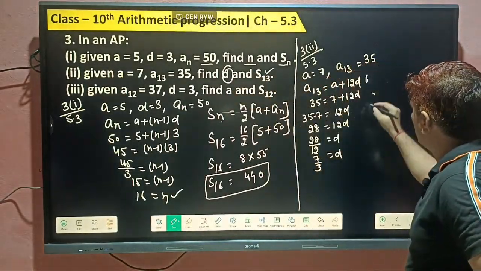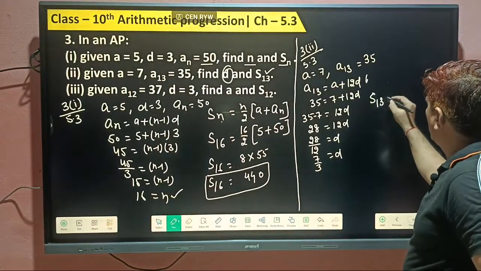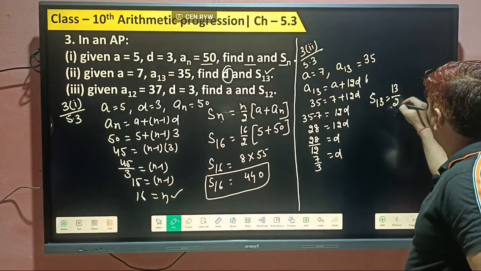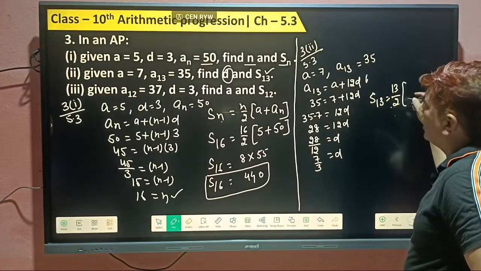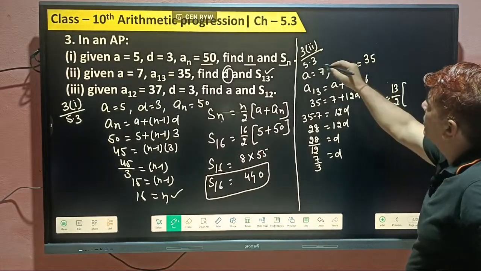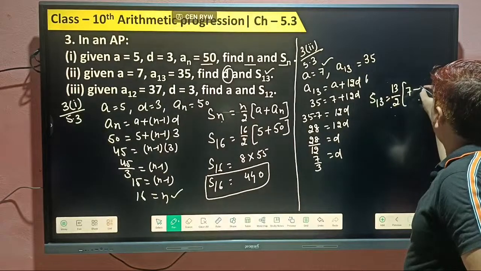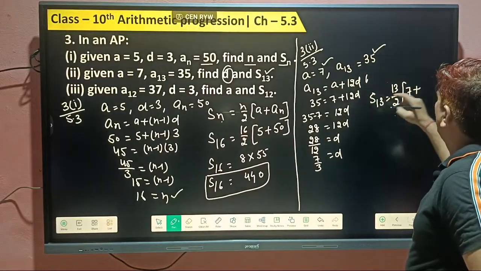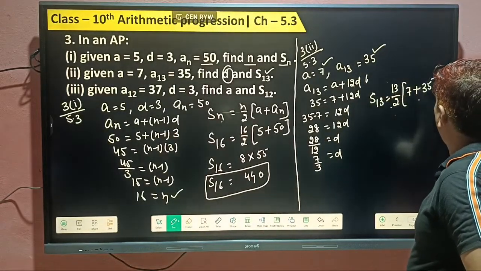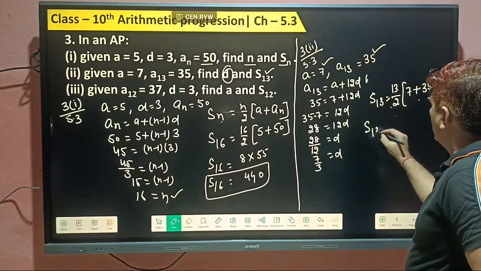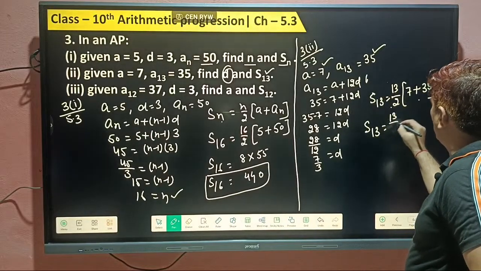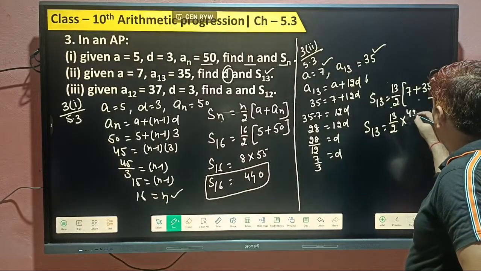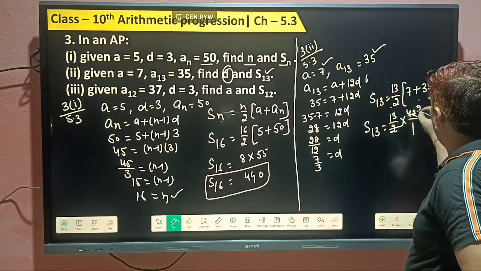Now you have to find out S13. The formula you know. S13 is equal to 13 by 2 into A plus AN. A is 7, AN equal to 35. So S13 is equal to 13 by 2 into 42 by 1, which is 21.